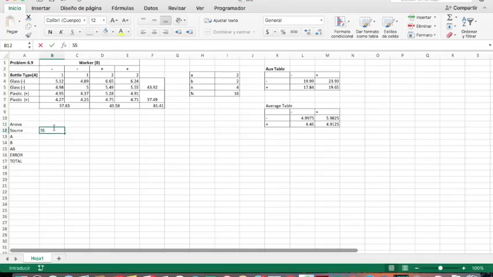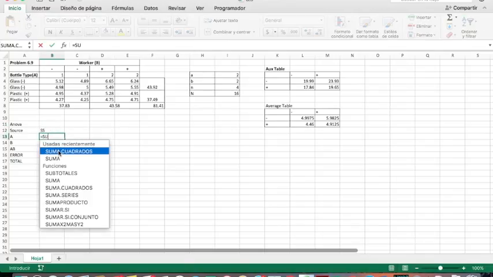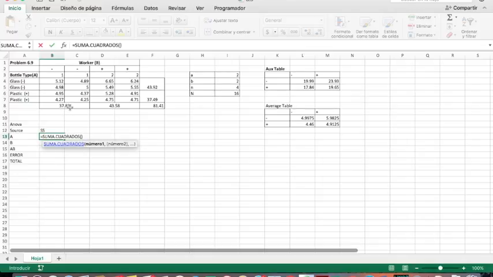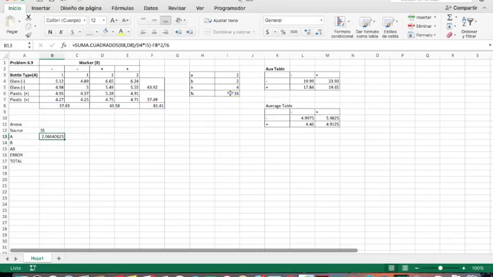So the sum of squares, since it's factor A, we use the sum of this one and this one squared, between, since we are using factor A, we choose the other ones, B times N, minus the total of all the data squared, between 16, which is the total number of data, gives us 2.066.